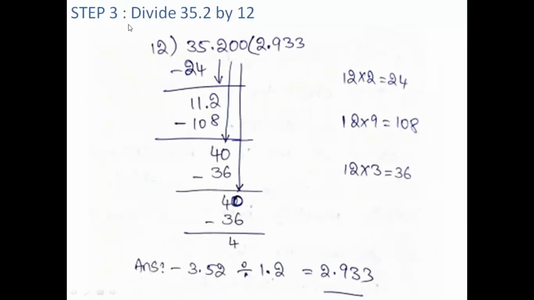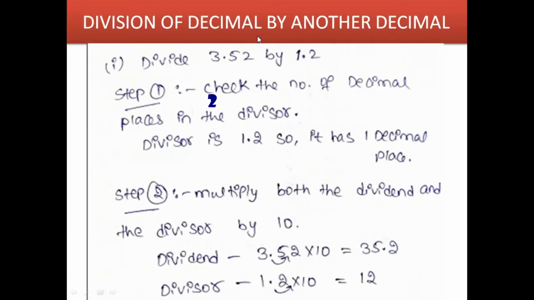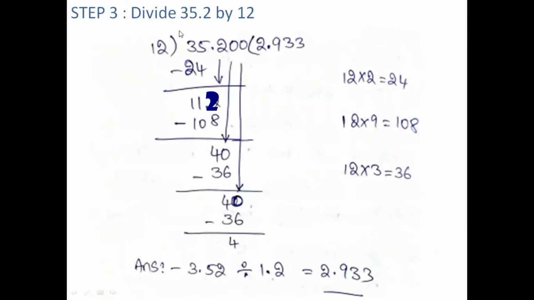Step 3. Divide 35.2 by 12. Just now we got the dividend, when we multiply with 10, we get 35.2, and the divisor 12. We are dividing these two. 2 twos are 24. 35 minus 24, the difference is 11.